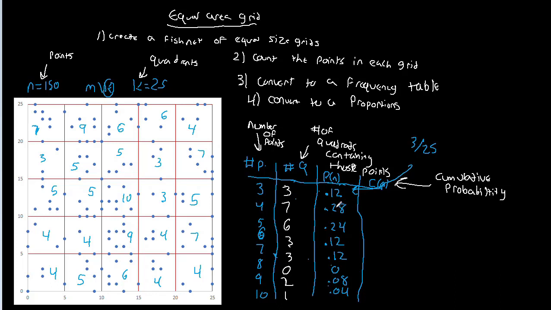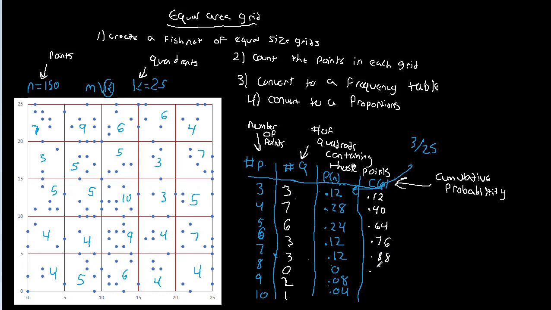We're going to take one row and add it to all of the rows before it. So this row is 0.12, there are no rows in front, so this is 0.12. This row is 0.28 plus 0.12, which is 0.40. This is 0.24 plus all of the rows before it, so that's 0.64. 0.12 plus all of the rows before it is 0.76. Then 0.88.